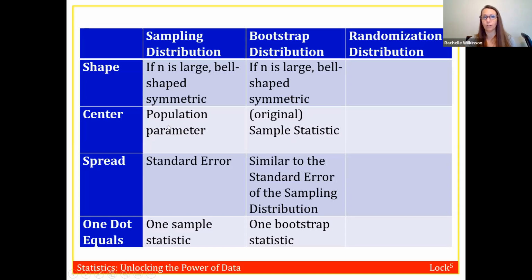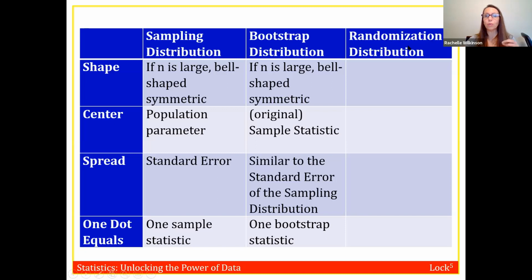That's different from the sampling distribution. The spread is going to be similar to the standard error of the sampling distribution. What I'm trying to get at with what one dot equals is to help you understand where these numbers are coming from. One dot equals one bootstrap statistic. It came from a bootstrap sample, not a real sample. That's another difference between sampling distribution and bootstrap distribution.